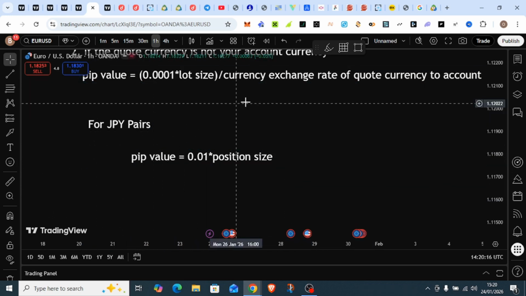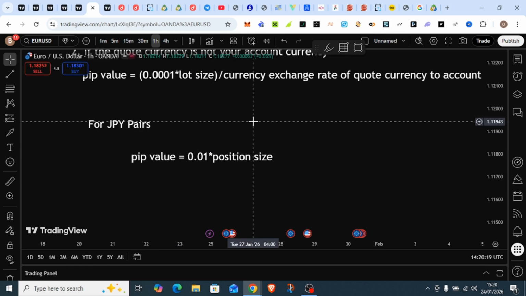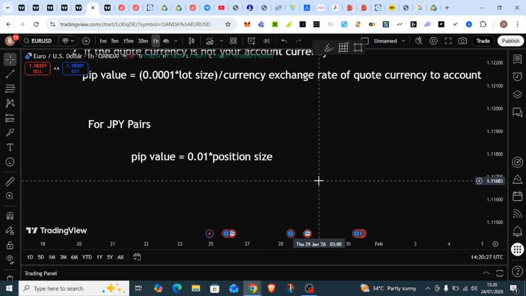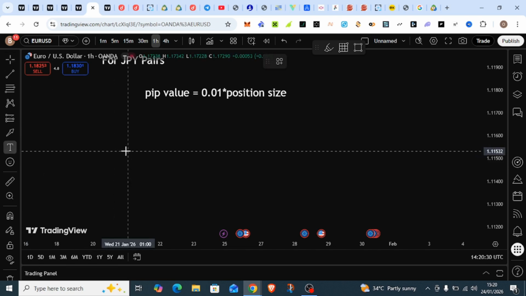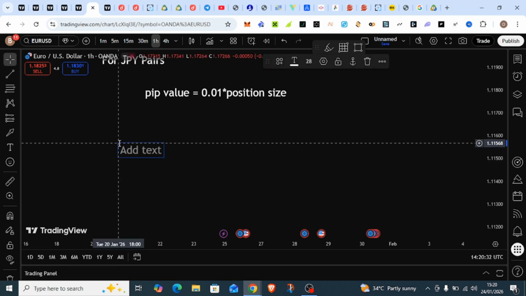So let's do an example so that you will understand this explanation. If we have Euro USD, let's start with this one first.